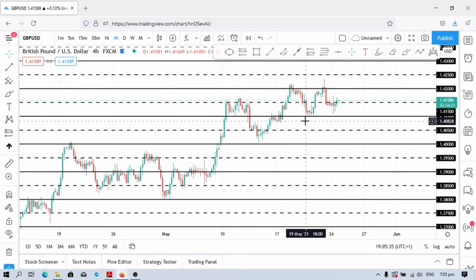For example, I would say 1.4 level, 1.43 level, 1.44 level, and so on. These whole numbers usually hold a lot of value, and these are the levels that most traders look at, and that is why price tends to respect these levels.